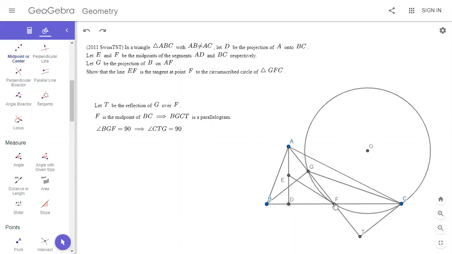I think we can show they're similar. Let's take the midpoint of DF. So then EH is parallel to AF, right? And so angle E, yeah, I mean, we can prove that they're similar. I see a way to do it. So let H be the midpoint of DF. ED over DF equals CT over TG.